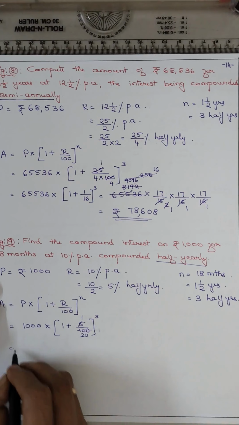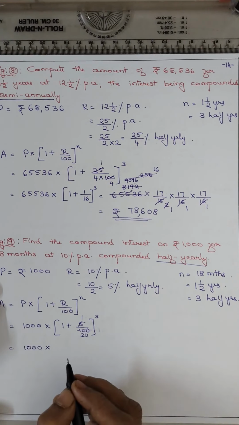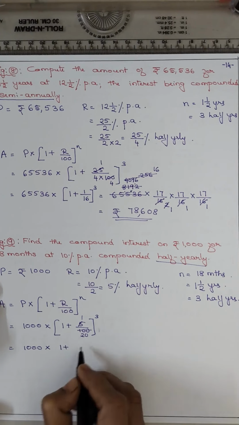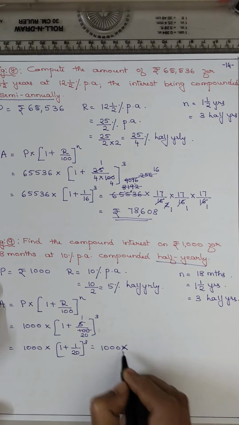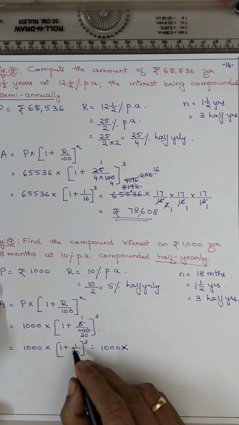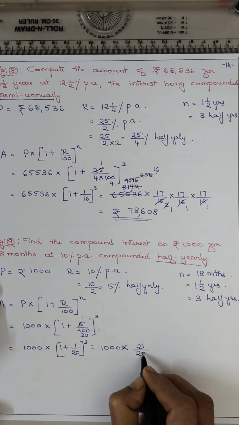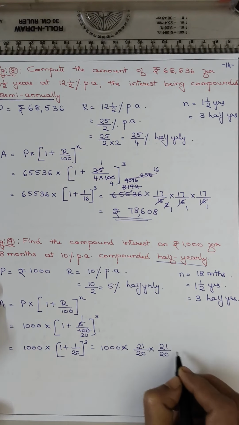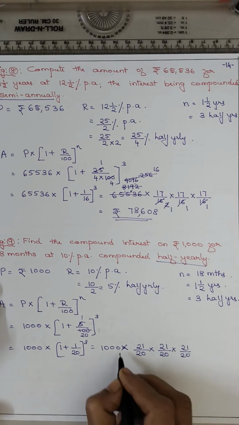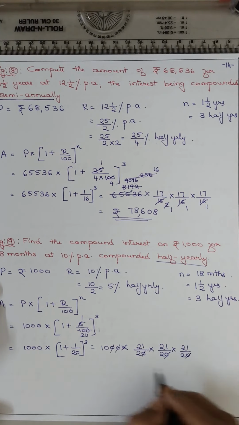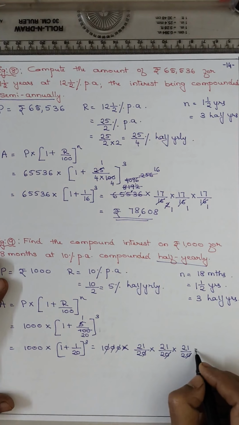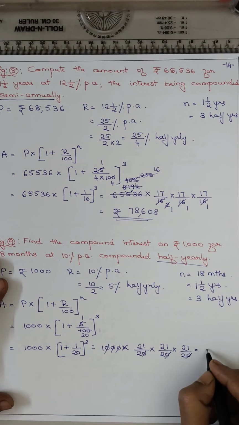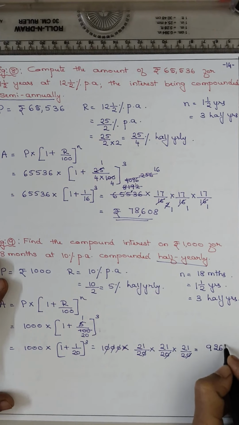So you will be getting 1000 into 1 plus 1 upon 20 the whole raised to 3, that means 1000 into 20 plus 1, 21 upon 20, 21 upon 20, 21 upon 20. All the 3 zeros get cancelled. So you get 21 multiplied 3 times means you get 9261.